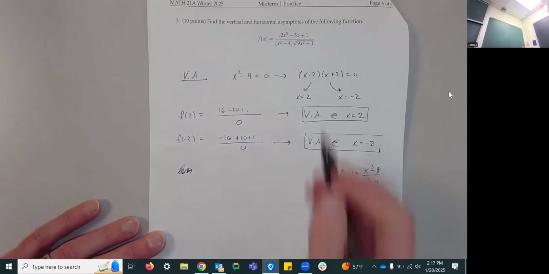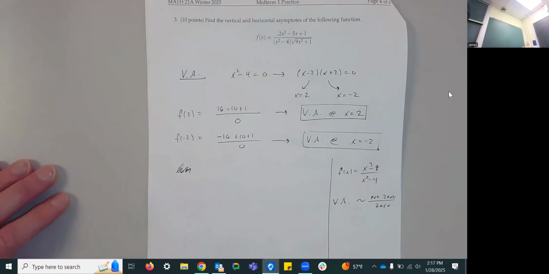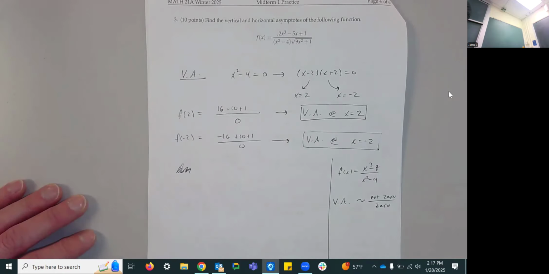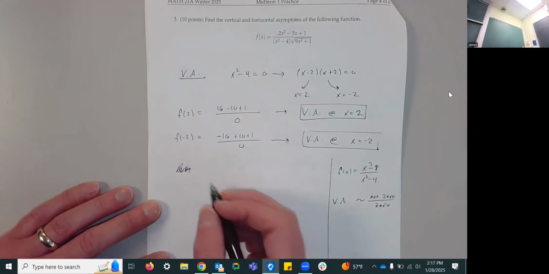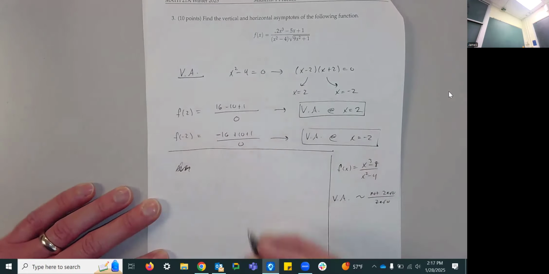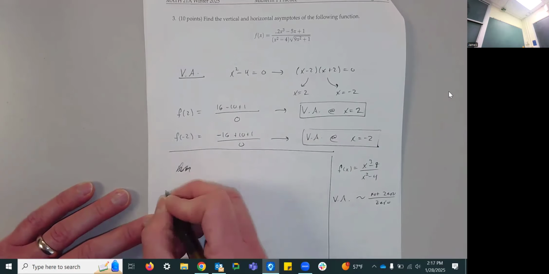All right, and then horizontal asymptotes, that's when you take the limit as x goes to infinity or negative infinity. And I think we are going to get different things on either side here. Yeah, that's a good question. I don't hate this question. So let's look at the limit as x goes to infinity.